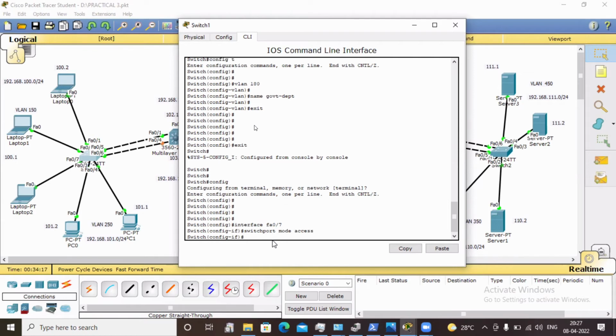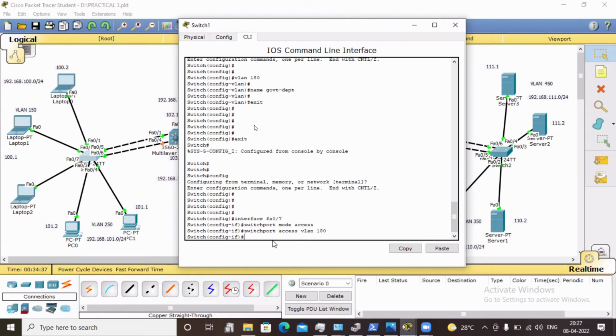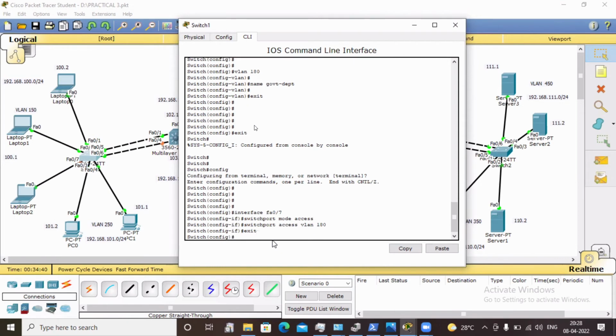Switchport access VLAN 180. Access. VLAN 180. Switchport access VLAN 180. That's it. Exit. Go with the exit.